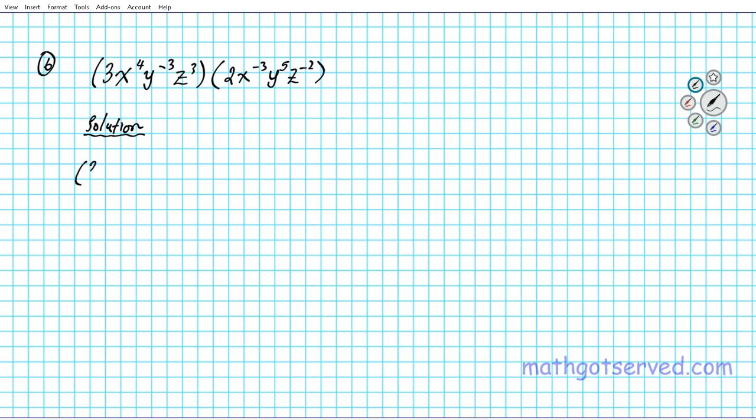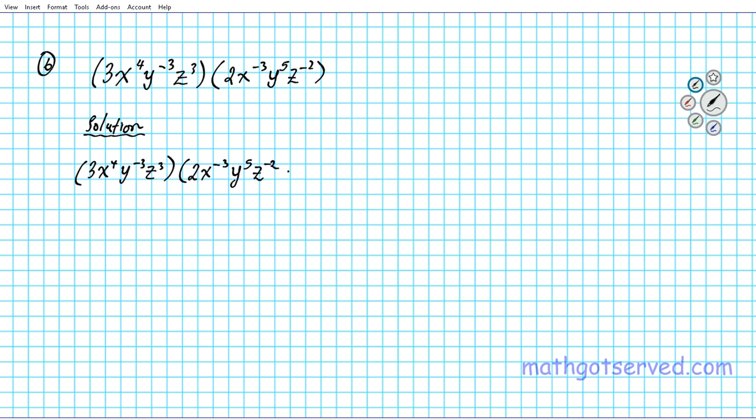All right, so if we have this product right here multiplied by each other, since we're multiplying, we can simply express them as a product of factors. You can drop the parentheses.